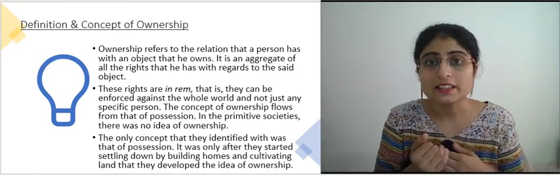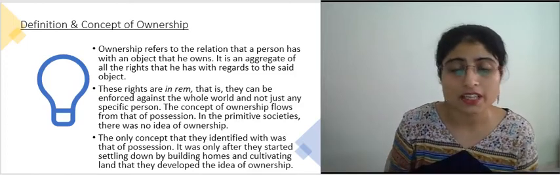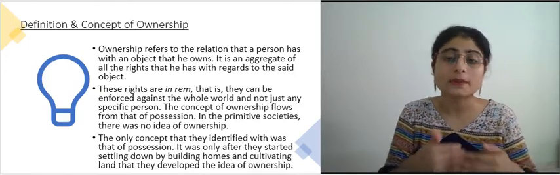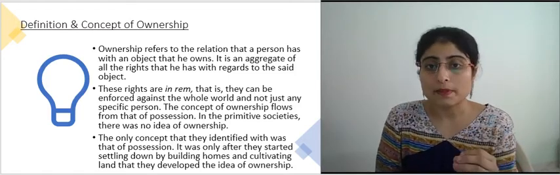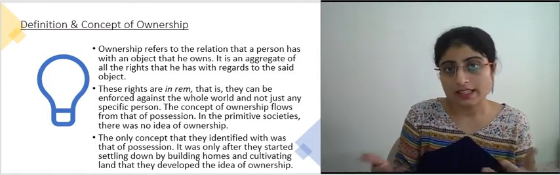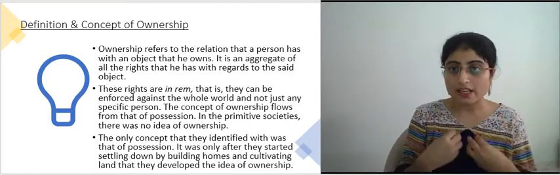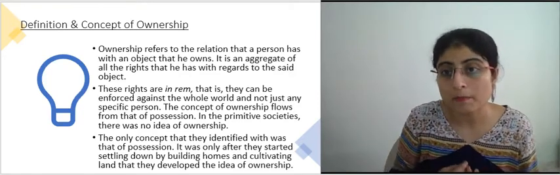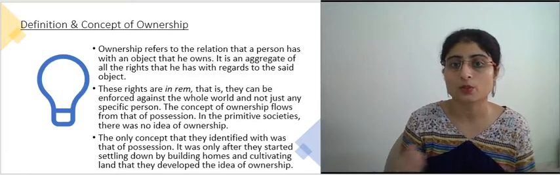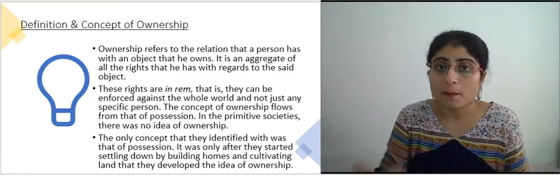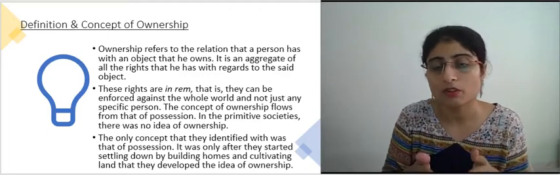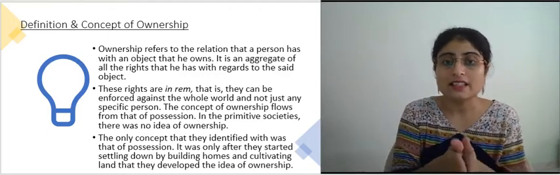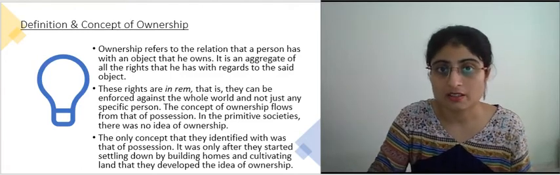When I said that in primitive societies the idea of possession also was not there, what I meant was that people were just developing things. They did not have any feelings about this being owned by me or this being my property. So when development took place, slowly, as time went on, these rights were cultivated.